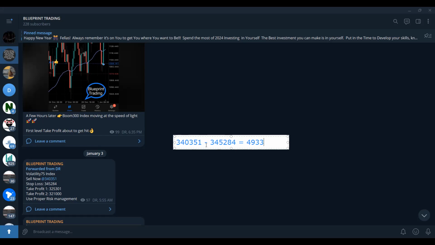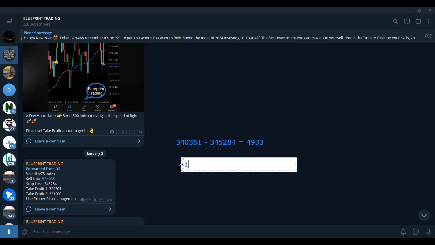What then do I do? The formula simply states that the risk per trade divided by the pips or the points gives me the lot size. So we have our pips currently calculated, 4,933 pips on this very trade. That's the difference between the entry price and the stop loss price, 4,933 pips. And then what I want to risk: I'm currently looking to risk $15 on this.